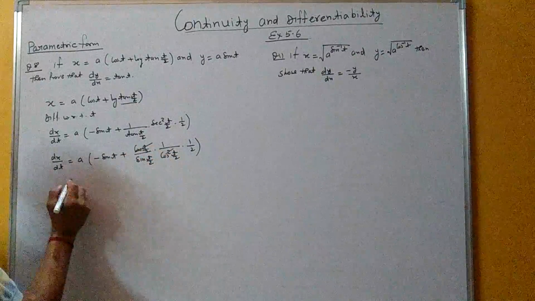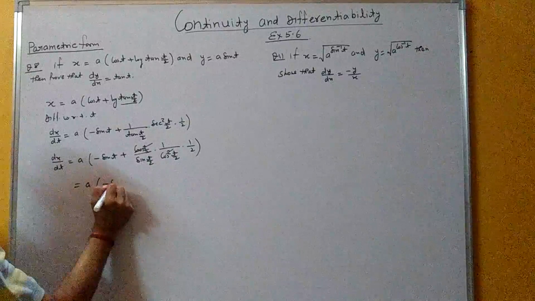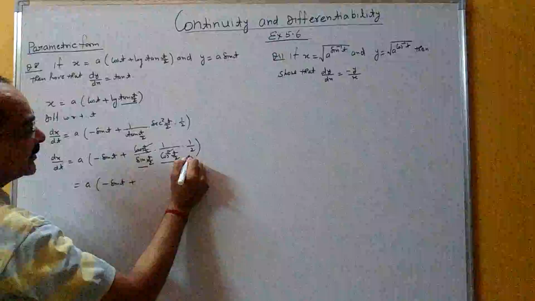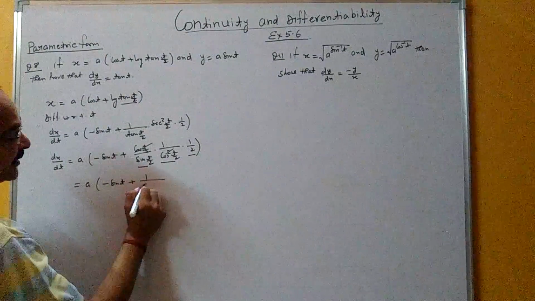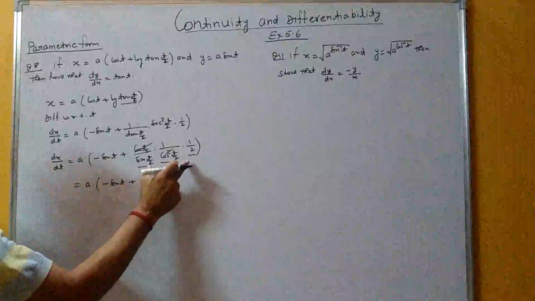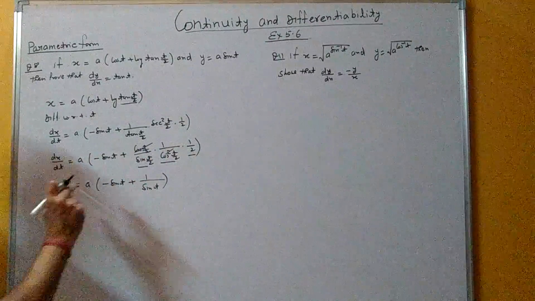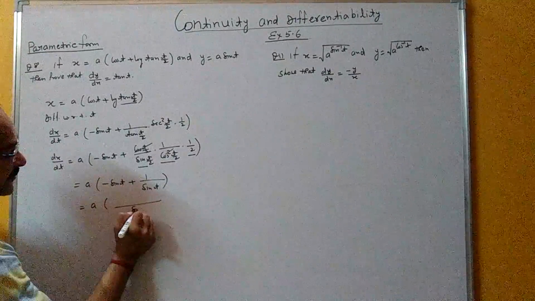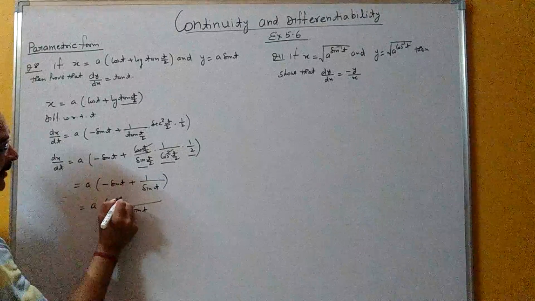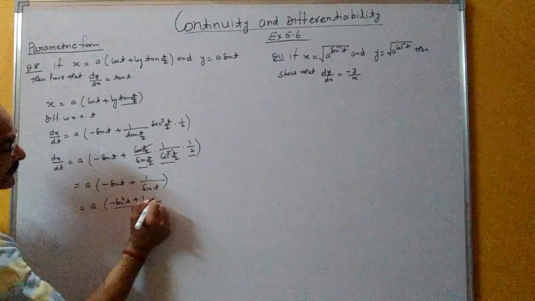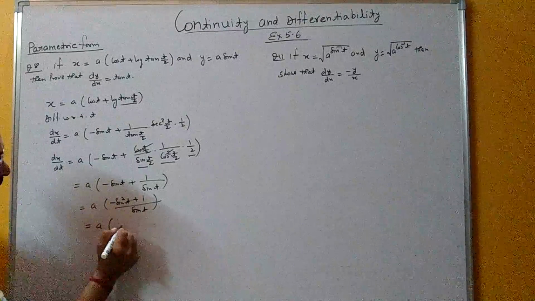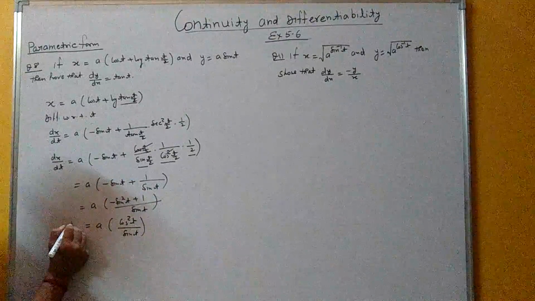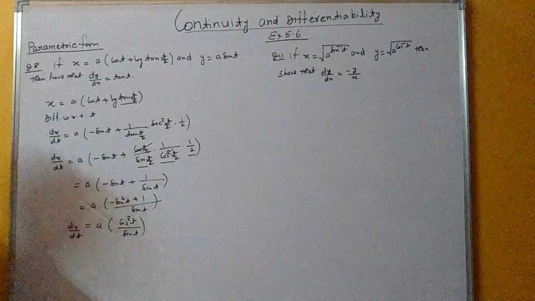One cos is cancelled, so a times minus sin t plus 2 sin t by 2 cos t by 2, that is sin t. This is the formula of sin t from class 11. So take the LCM: sin t, that is minus sin square t plus 1. That can be written as cos square t upon sin t. So your dx by dt is this.